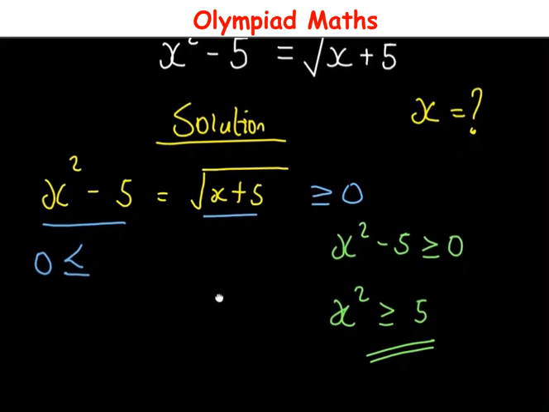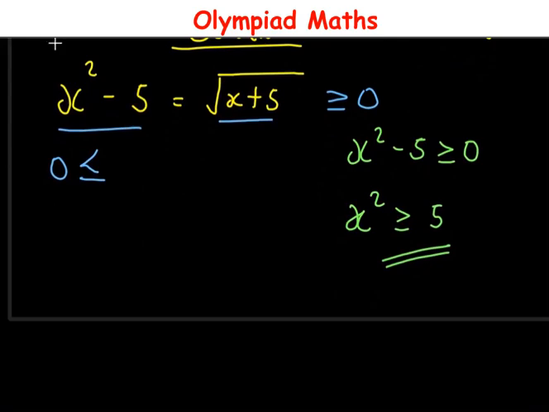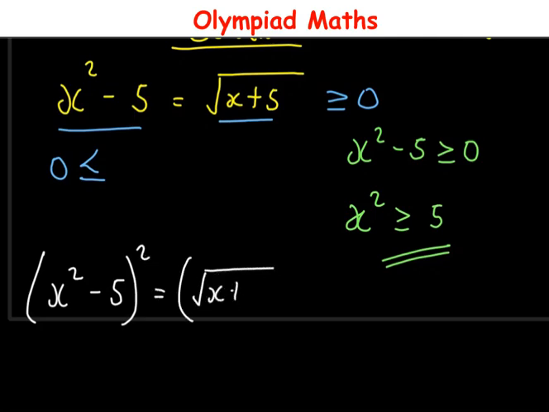Now, let us solve this given question. To solve this, first, we're going to square this equation. We have in brackets x squared minus 5 all squared equals in brackets square root of x plus 5 all squared.